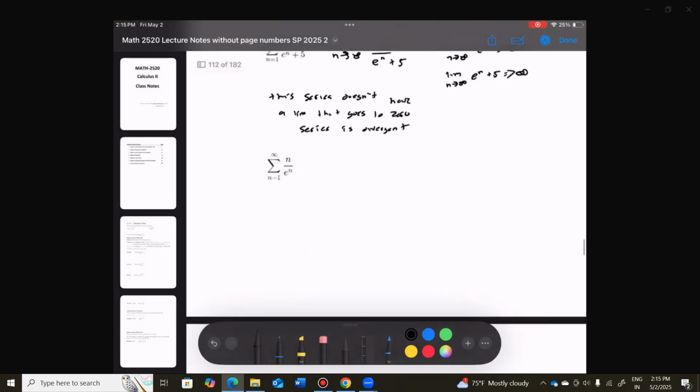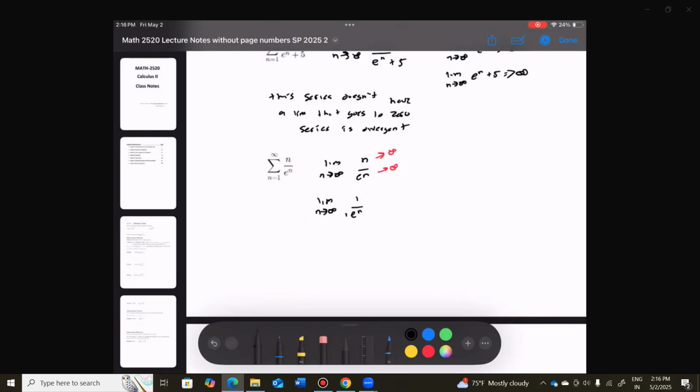And we look at n over e to the n. The limit as n goes to infinity of n over e to the n. Both are going to infinity. This time we can take L'Hopital's rule, and we'll get 1 over e to the n.